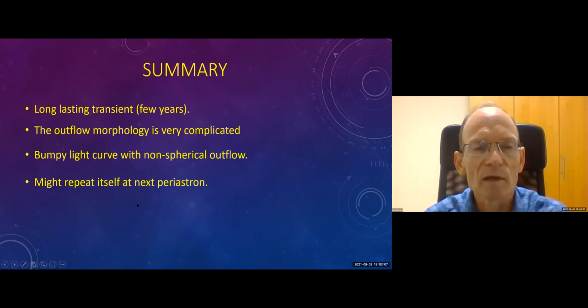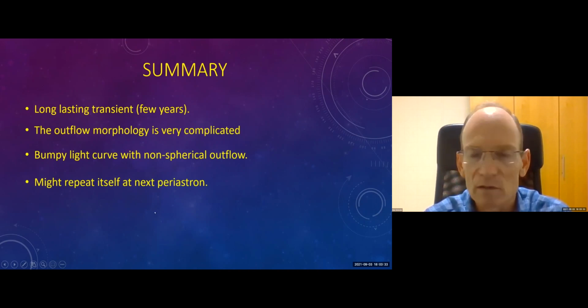We found the outflow morphology to be very complicated, almost without any symmetry. The estimated light curve was very bumpy, and we find no symmetrical outflow. And this phenomenon might repeat itself the next time the neutron star is at periastron. So I leave it here.